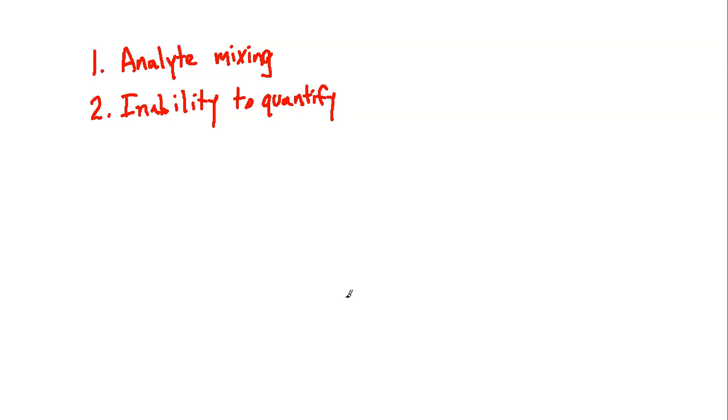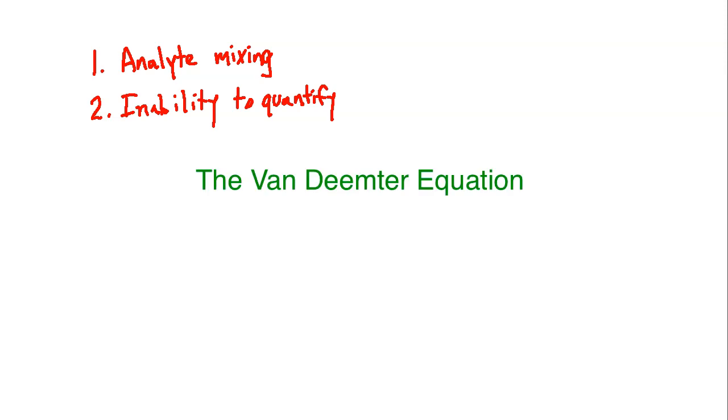Okay, however, that being said, there are several ways that we can attempt to minimize band broadening. So let's study the factors that can play into it outside of just an aged column, and then we can talk about minimizing those factors. So let's get started with that by introducing an equation first. Okay, so the equation is going to be referred to as the Van Deemter equation. The Van Deemter equation is a way that we can tie together band broadening in a mathematical sense.